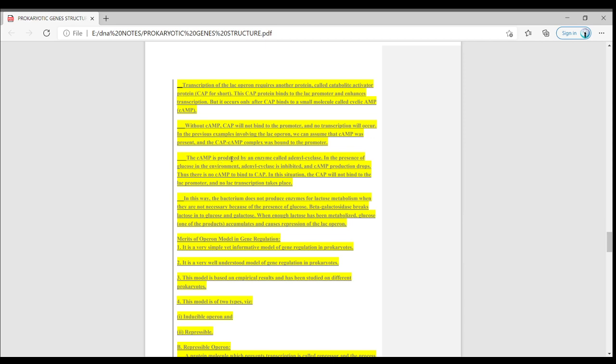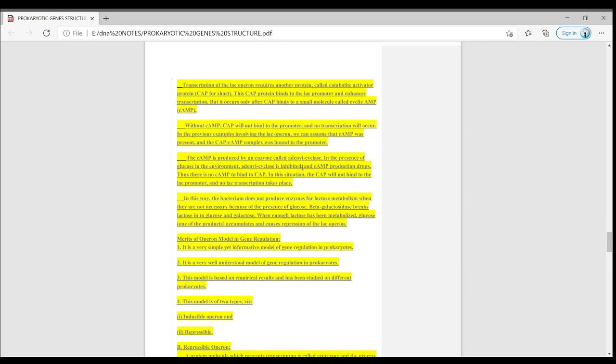The cAMP is produced by an enzyme called adenyl cyclase. In the presence of glucose in the environment, adenyl cyclase is inhibited. So when glucose is present in the medium, adenyl cyclase is inhibited and cAMP production drops.